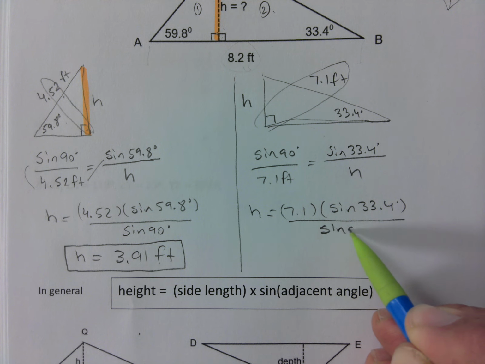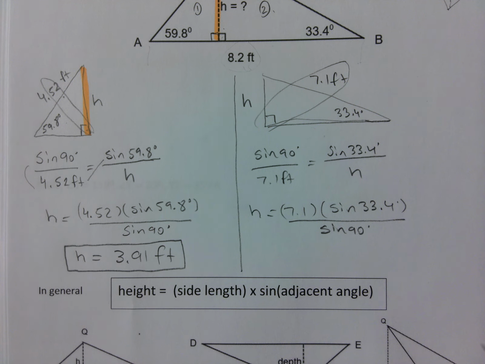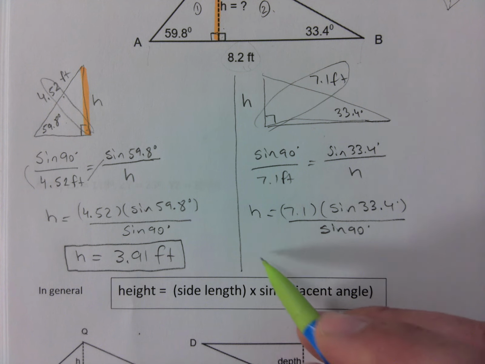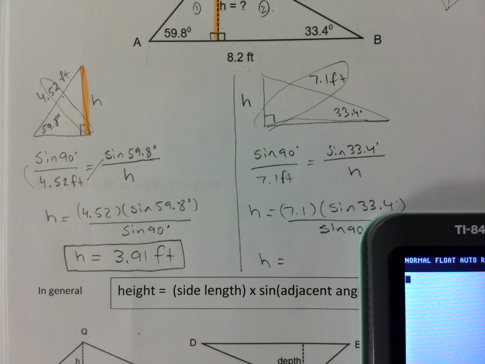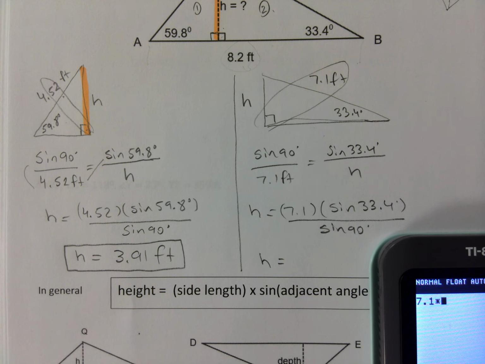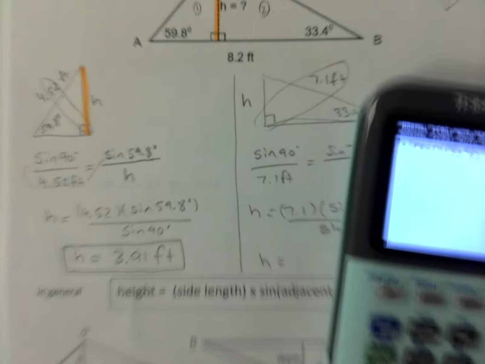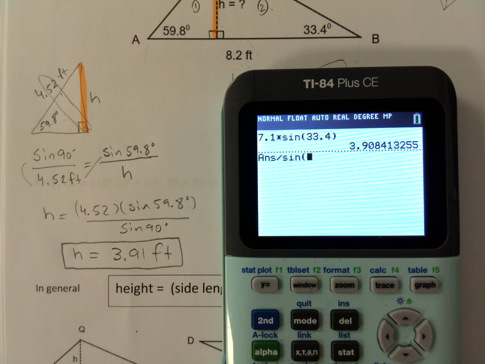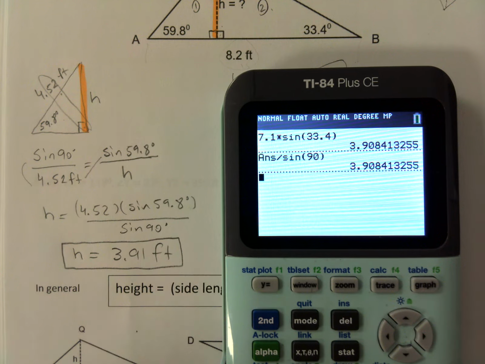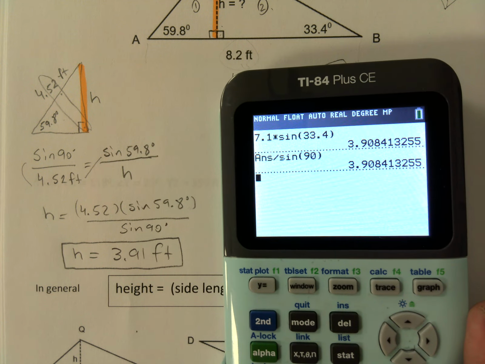What's sine of 90 again? It's 1. So if you want to write that on the side here, I might do that in a bit. Let me just finish this work here. 7.1 times sine of 33.4. I'm just going to show you, right? It's that. If I divide that by sine of 90, it's still the same. So 3.91 rounded.